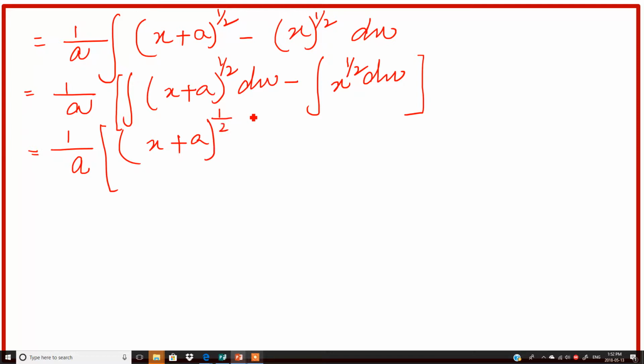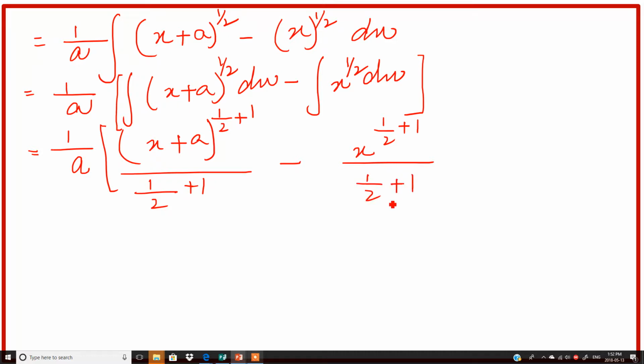1 over 2 is the power, we have to add 1, so our new exponent is 1 over 2 plus 1, that is why we have to divide by it, and then negative x to the power 1 over 2 plus 1, same thing, with the new power you have to divide, and you have to add the constant of integration at this step. So it is 1 over a.